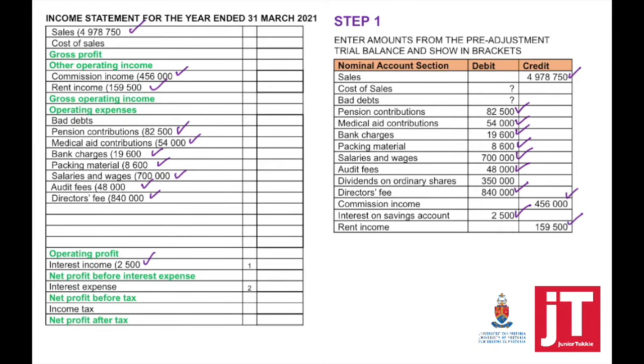If you show it in your income statement, you will lose marks for a foreign item. It does not belong in there. Also notice cost of sales, question mark, bad debts, question mark. This means that we will need to solve that. So completing this income statement will not be from the beginning to the end. We will need to find the missing figures. So we will probably need to work out from the bottom up.